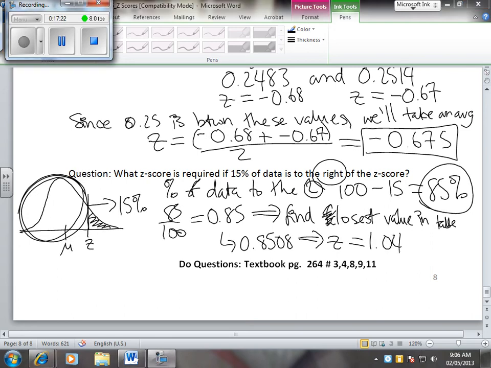So this 1.04 represents the Z-score to get 85% of the data on the left side, which necessarily leaves 15% on the right side.